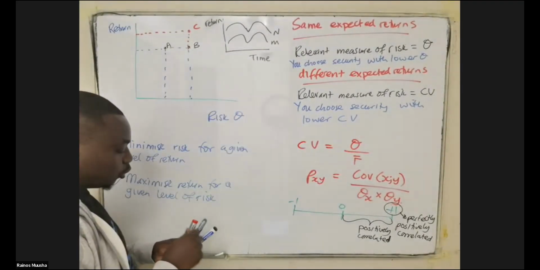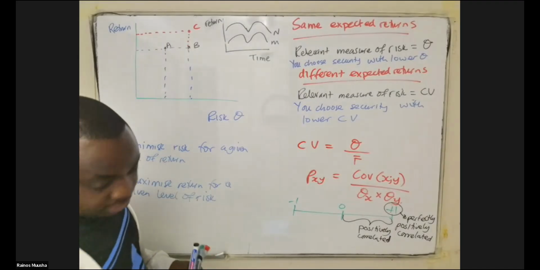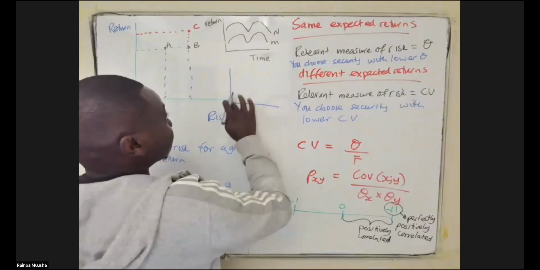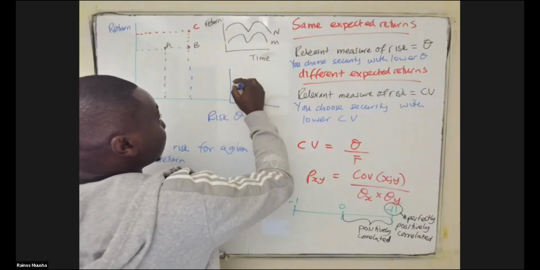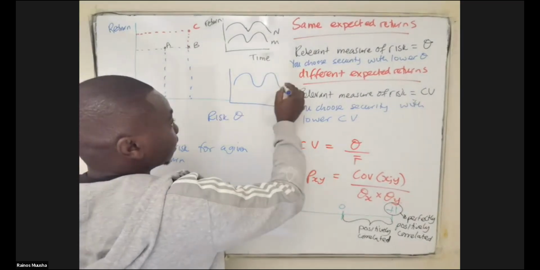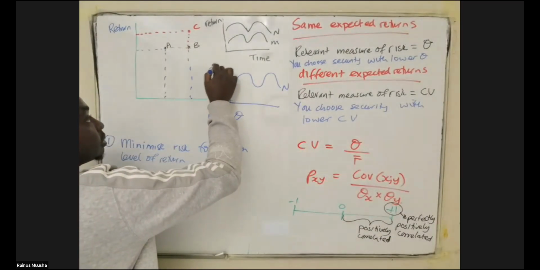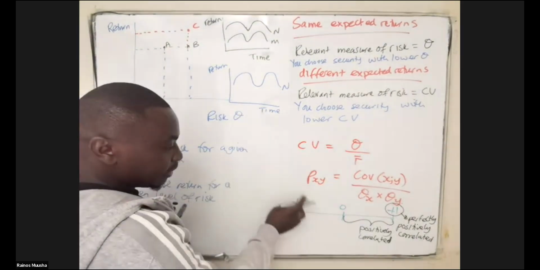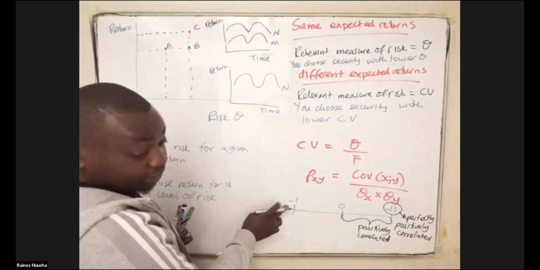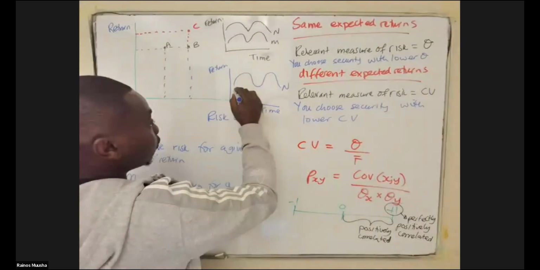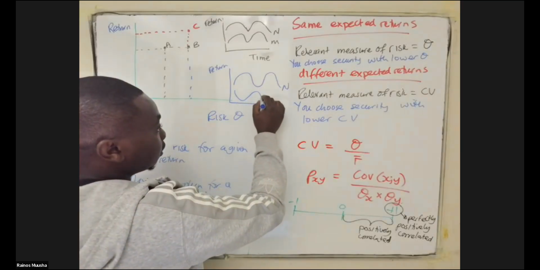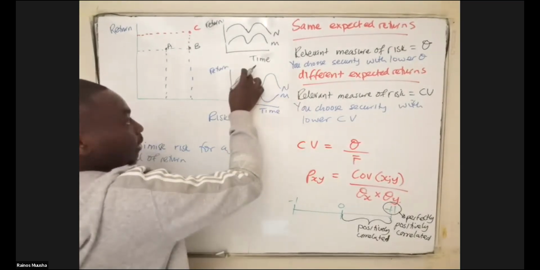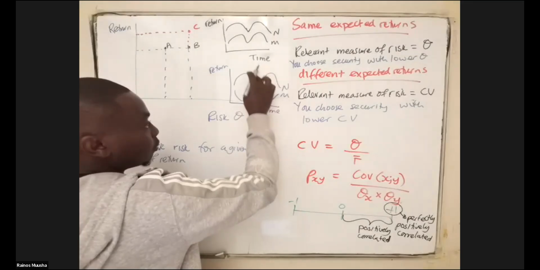Then when the two securities are not moving in the same direction, for example, if you look at the return of asset M and N, let's say N is something like this over time, if they have a correlation coefficient of -1, it means when one goes up, the other one goes down. So when M is going up, N is going down, and when M goes down, N is going up.